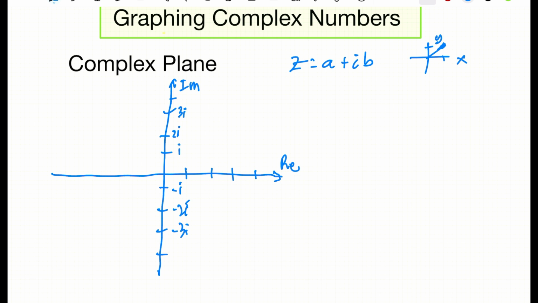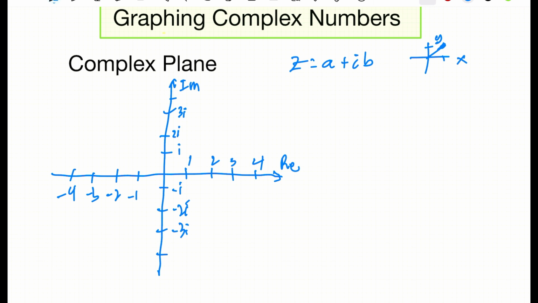And on the real axis, it's just 1, 2, 3, 4, and the same thing with the negatives: minus 1, minus 2, minus 3, minus 4. So the real axis is very similar to what we used as the x-axis in our xy coordinate plane. The imaginary axis is just everything multiplied by i.